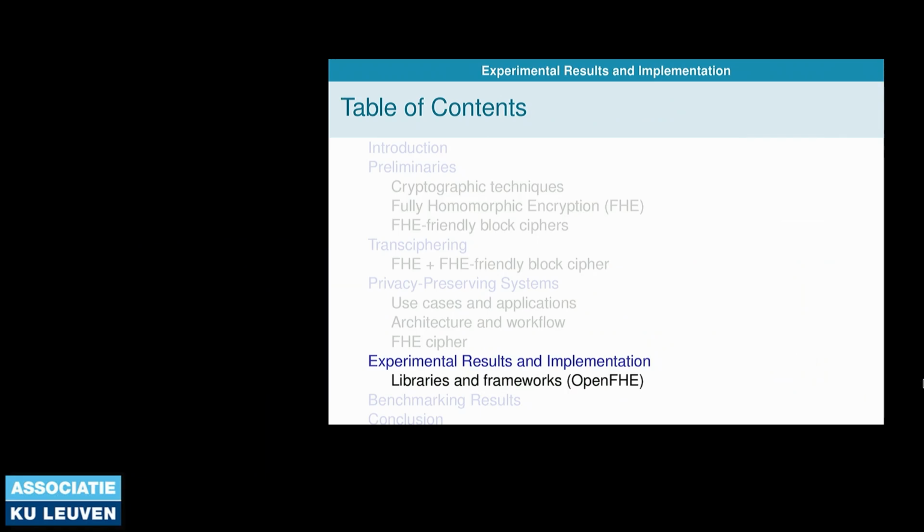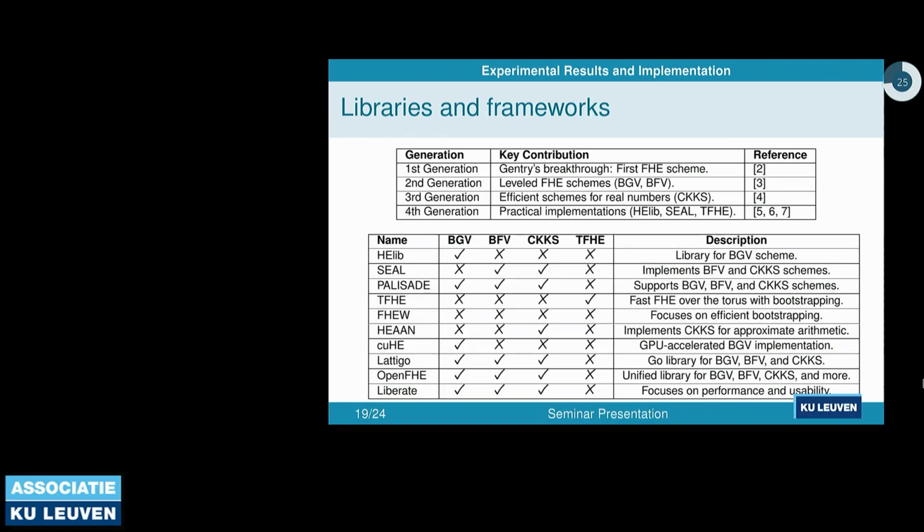Okay, so let's look at some results. First of all, we want to discuss quickly what libraries we used, and because of the main FHE encryption algorithms being BGV, BFV, or CKKS, as I understand it, we want to have a few of them. And as you can see, OpenFHE is one of the ones that's the simplest to work with in this case.